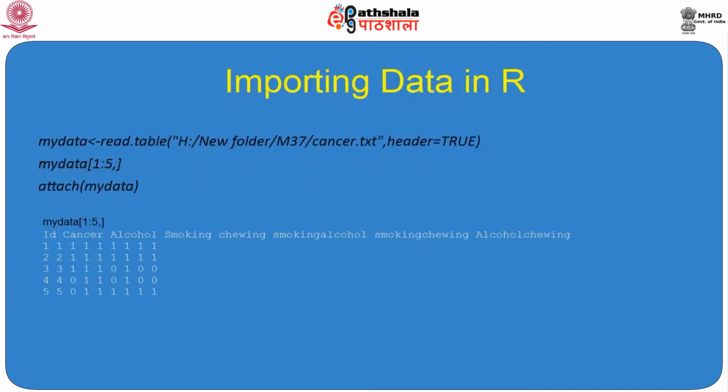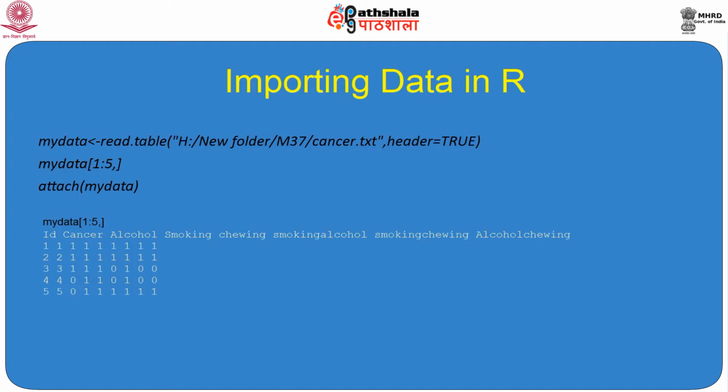This is the data, importing the data in R. Here the data has been taken from a folder. So this folder path is written here and the data was saved in txt format. To call the data from txt format, we have used this folder path where the data is saved.